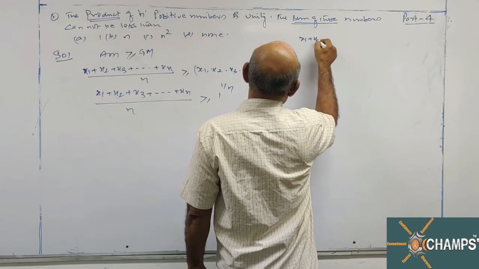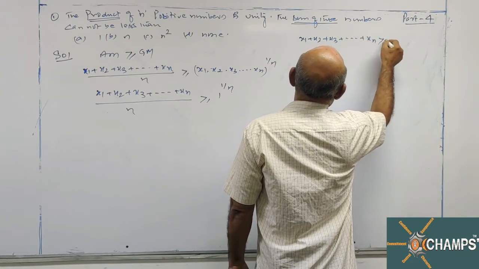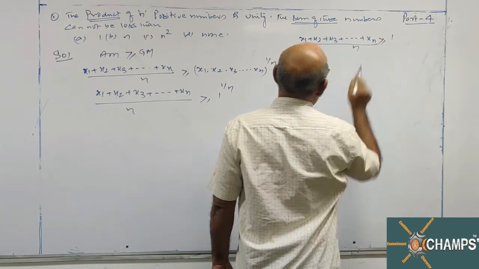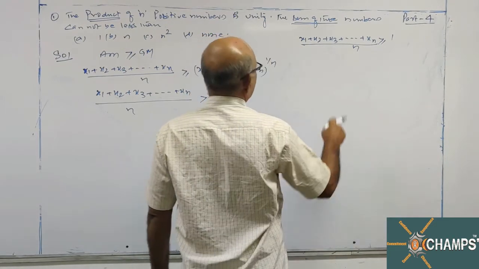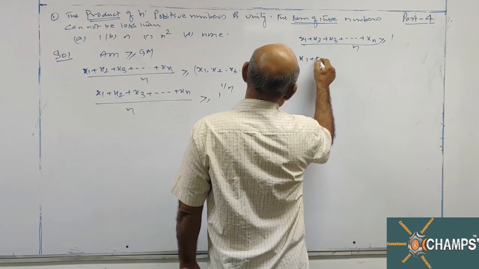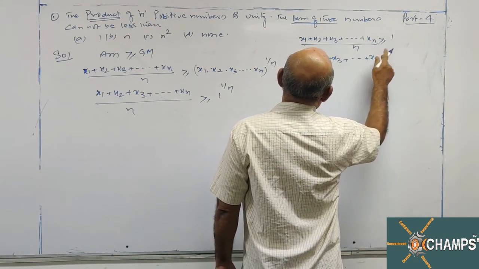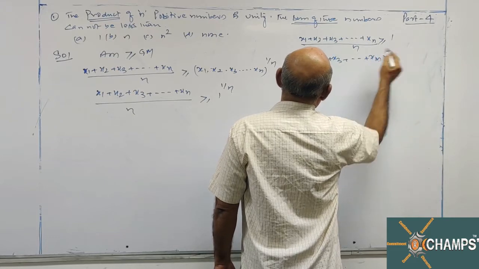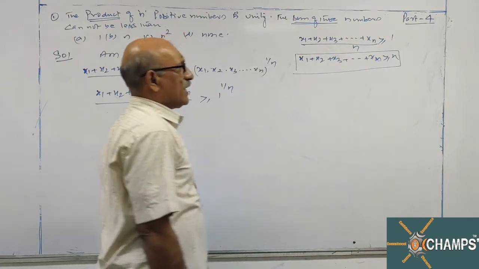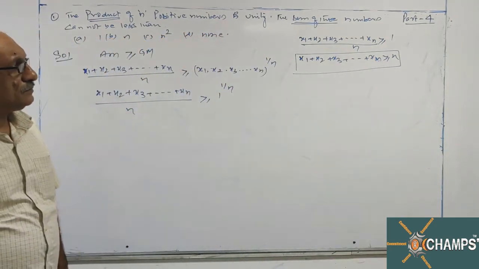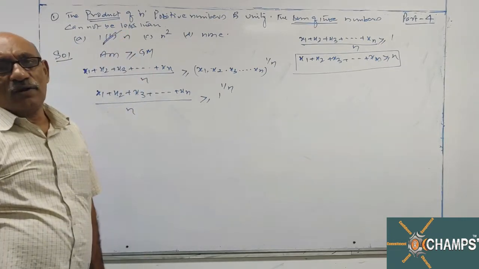So x1 plus x2 plus x3 plus etc plus xn by n is greater than or equal to n. So x1 plus x2 plus x3 plus etc plus xn is greater than or equal to n. So it is not less than n, it is greater than or equal to n.